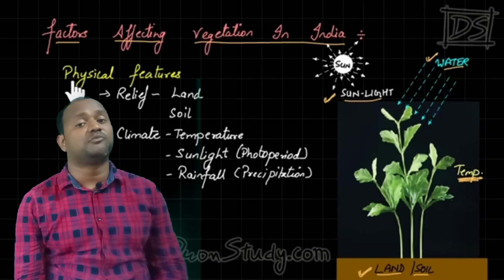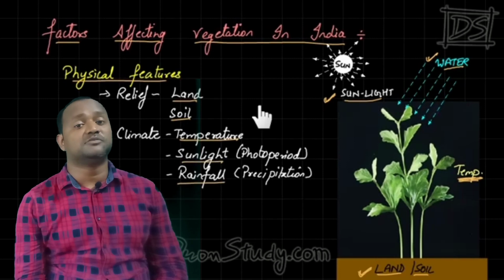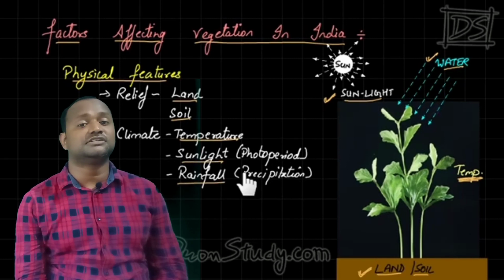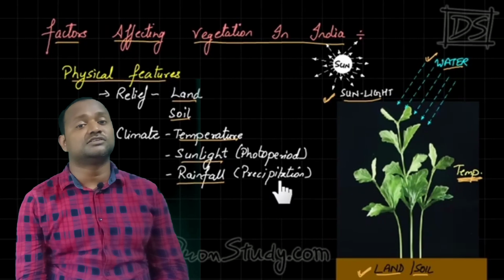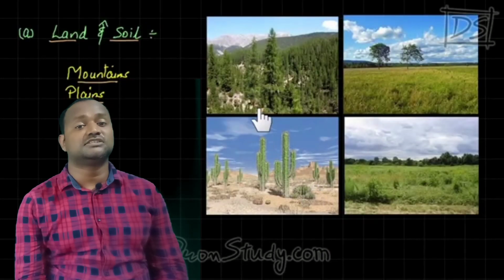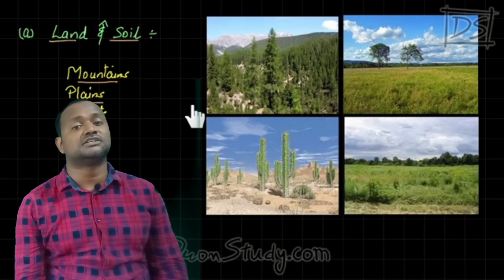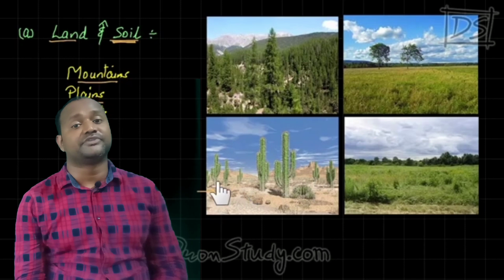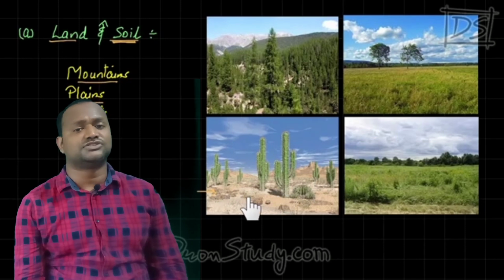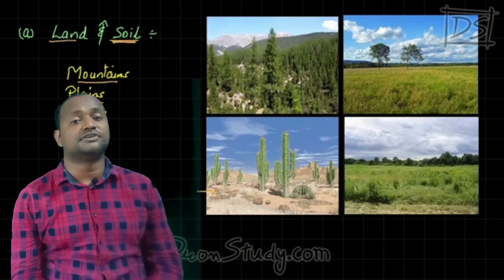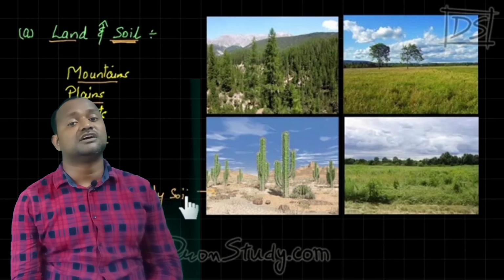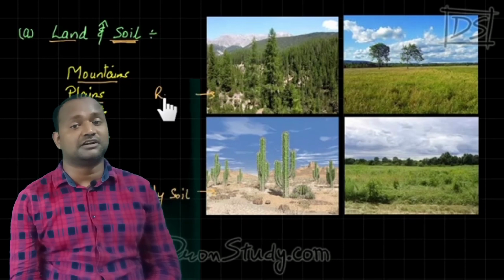They vary from place to place. You might have the vegetation in the Himalaya region, the vegetation in the coastal region of Odisha, the vegetation in the Rajasthan desert, and the vegetation in the forest of Odisha. They vary from each other just because of the variations of factors in different places of our country.